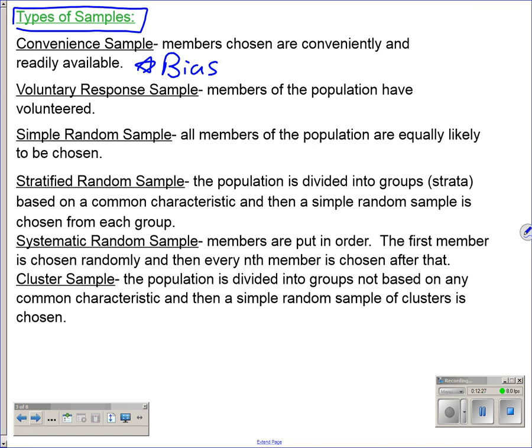What about a voluntary response sample? Again, just like it sounds, members of the population have volunteered. The best example that I come up with is actually on the back of your paper. It's like a radio talk show host, and he's asking people to call in about their views on gun control laws. Do you think that would be biased or not biased?